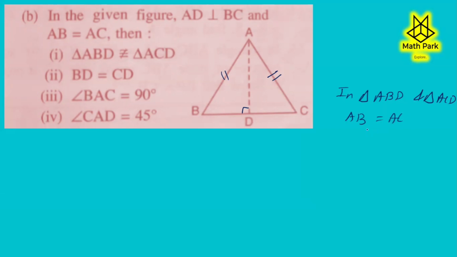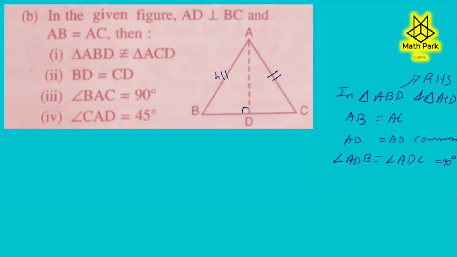Then you have AD is a common side. And you have angle ADB is equal to angle ADC, which is 90 degrees, since they have given AD is perpendicular. This is the hypotenuse, so these two triangles are congruent by RHS.